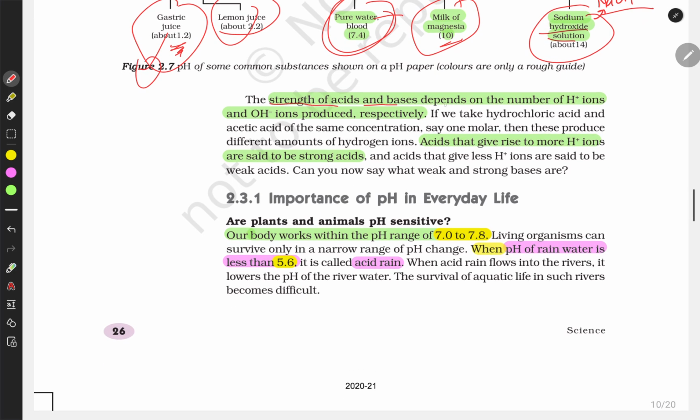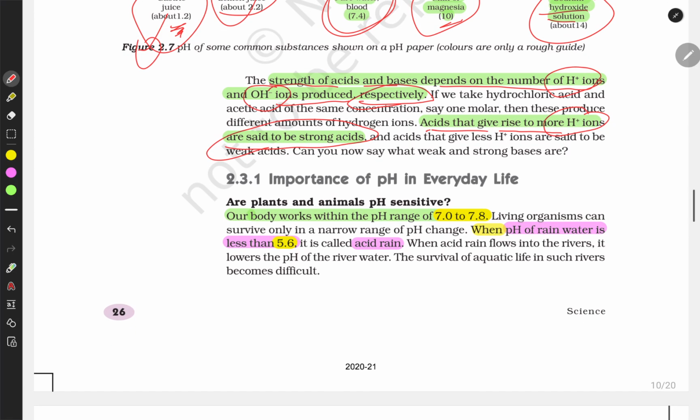The strength of acid and base depends on the number of H+ ions and OH- ions produced respectively. So we just discussed this. An acid that gives rise to more H+ ions is said to be more acidic, and the acid which gives fewer H+ ions will be less acidic.